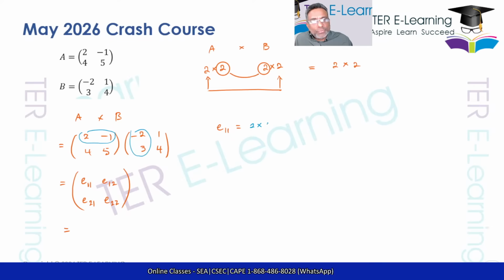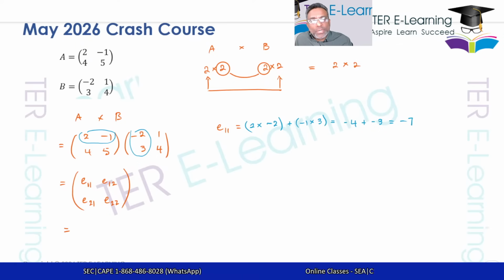So it's 2 by minus 2 plus minus 1 by 3. That's going to be minus 4 plus minus 3, so we're going to get minus 7. I have one of the numbers already. Then I can work out E12.